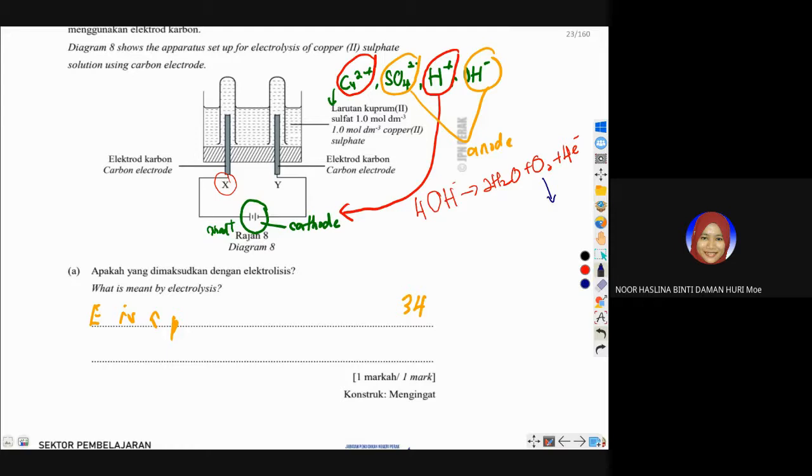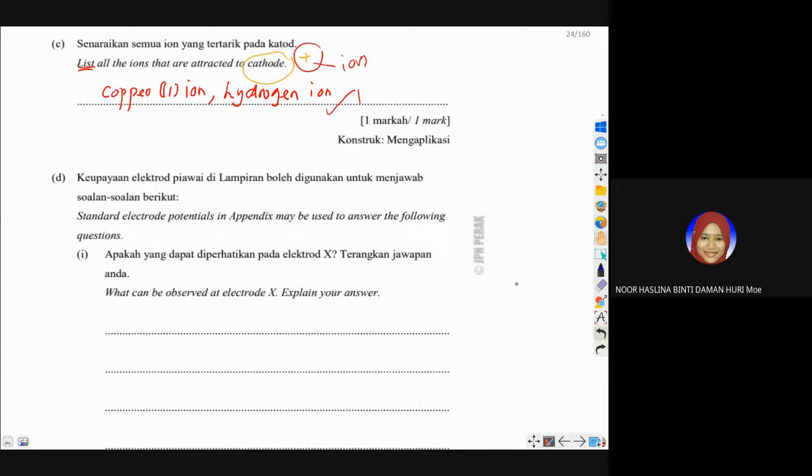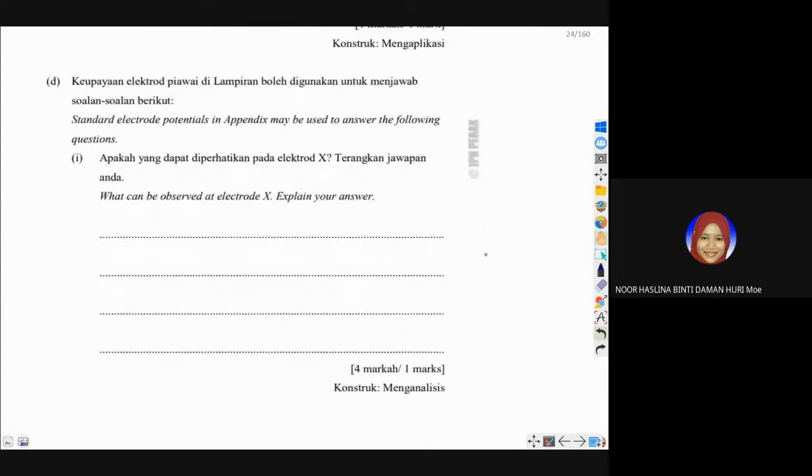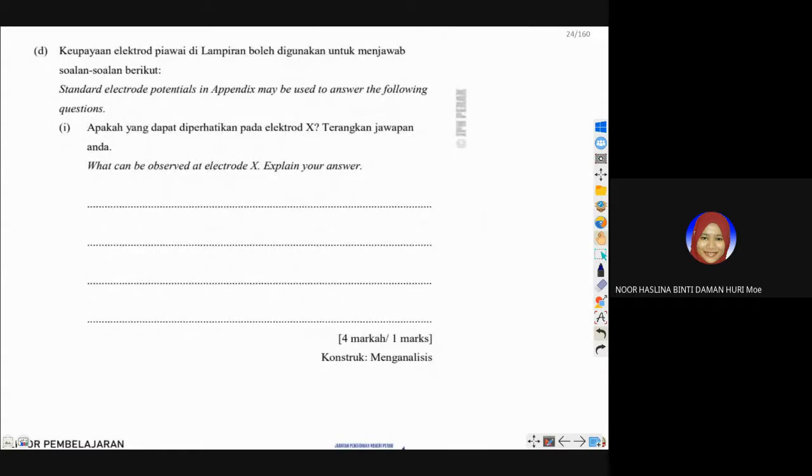Okay, so the question here: what can be observed at electrode X? You have identified it earlier. That means you will see the characteristics of oxygen gas. Don't say you see oxygen gas, because that is the name, not what you can observe. So you can observe number 1. Oh, 4 marks here.